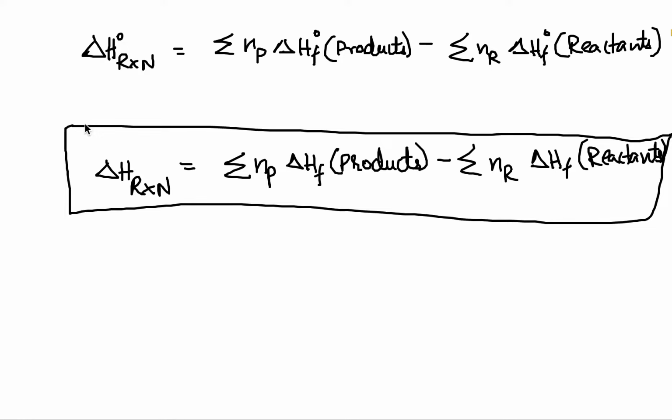Now let's go to the next one: how this delta H reaction can be applied for problems where delta H reaction can be found using the HF values, that is formation values. So that we will do now.